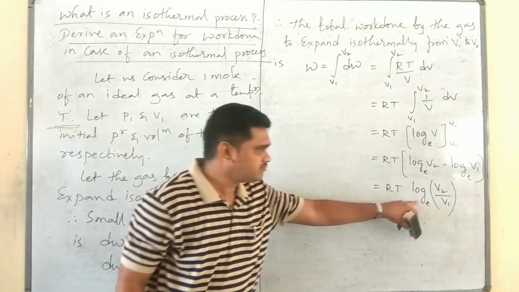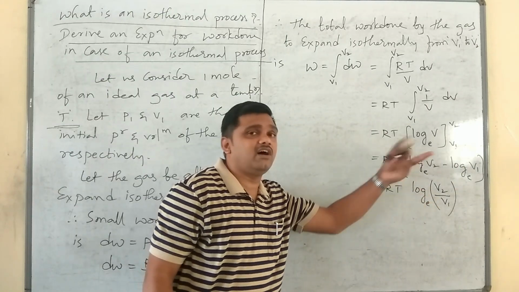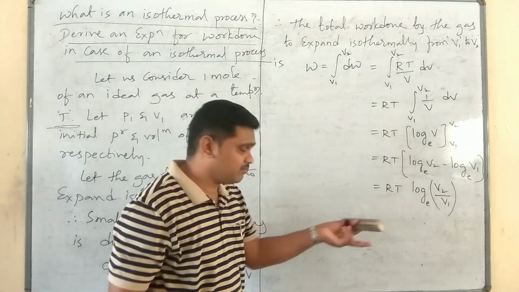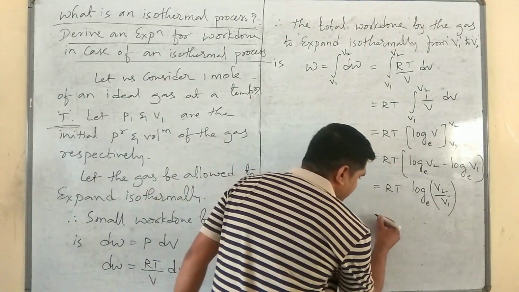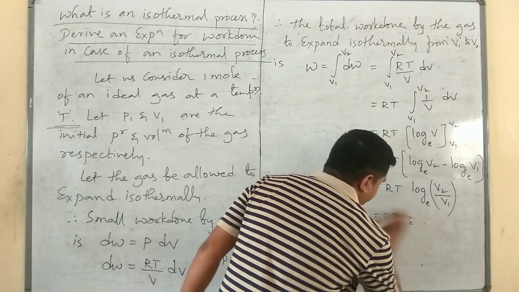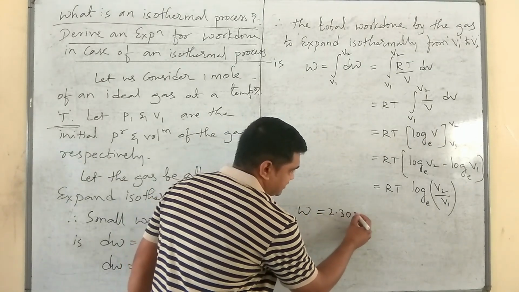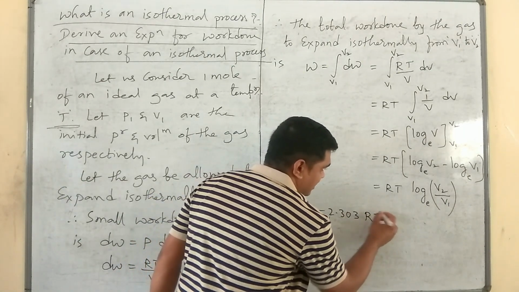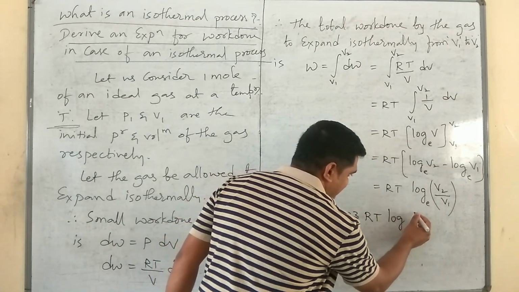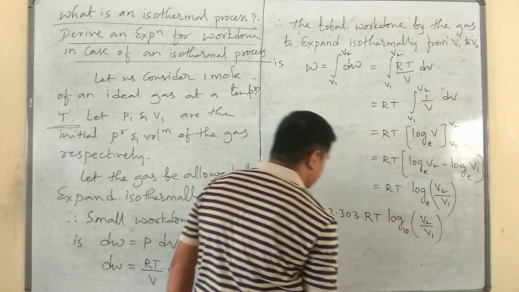Now, how to convert log to the base e to log to the base 10? By multiplying by 2.303. Therefore, W is equal to 2.303 RT log V2 by V1 to the base 10.